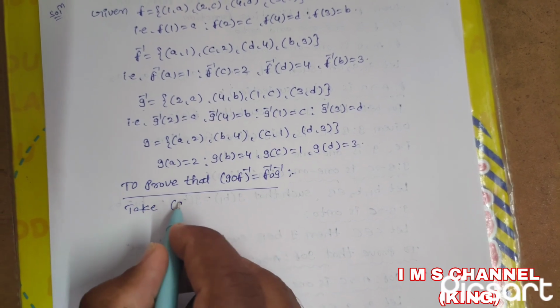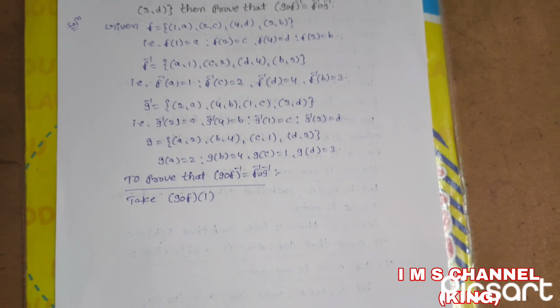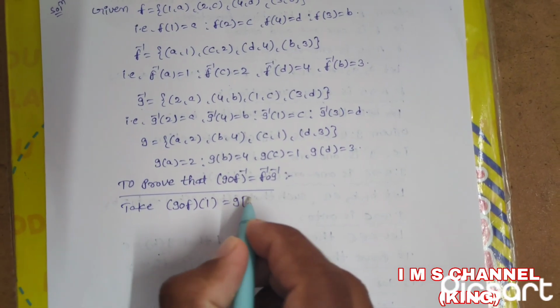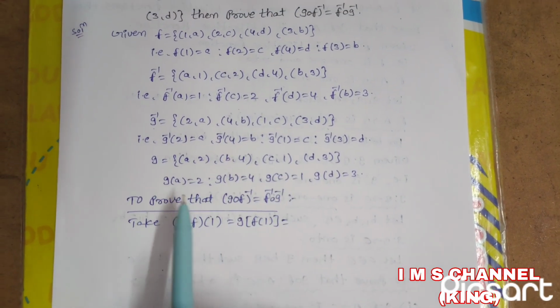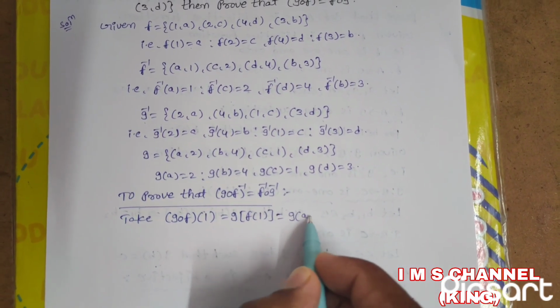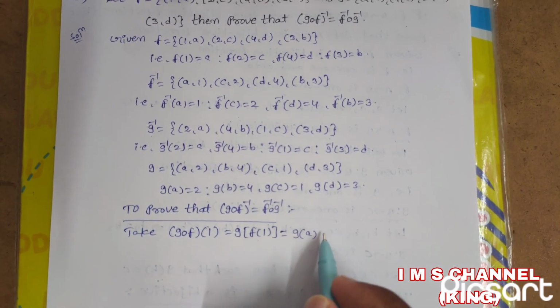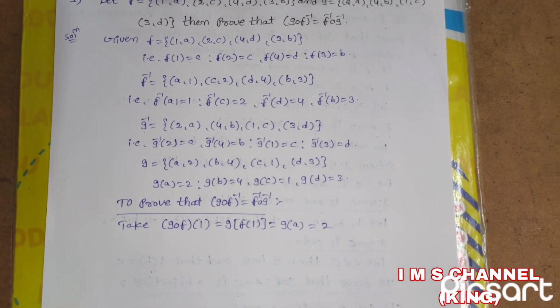First we find G circle F of 1, that is G of F of 1. Clearly F of 1 value is A, so F of 1 is replaced by A. Here G of A value is 2.